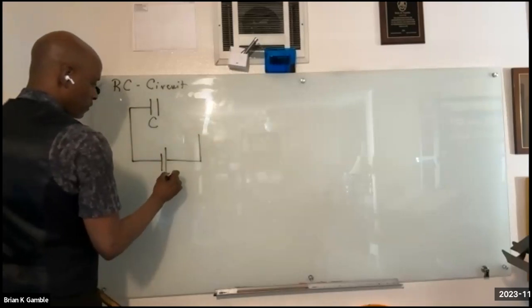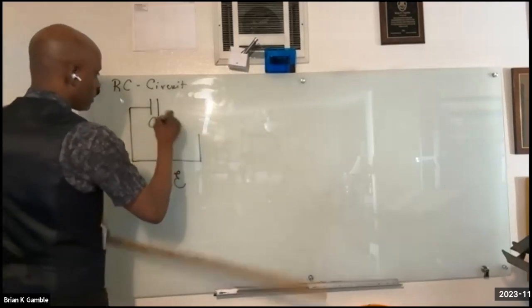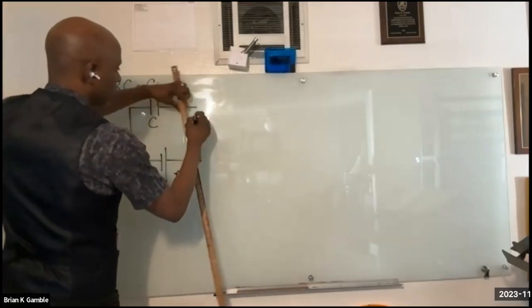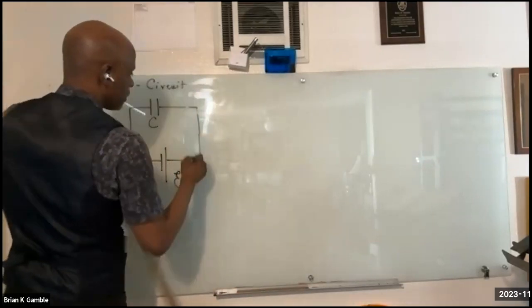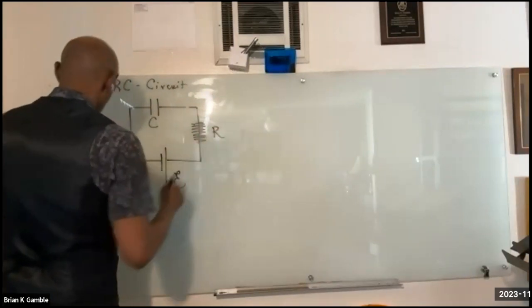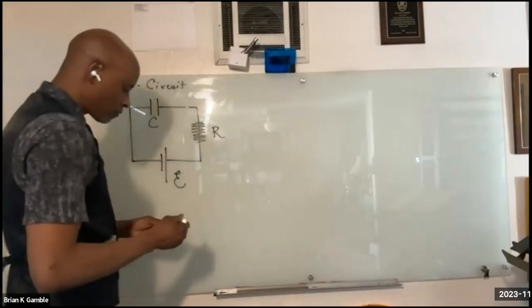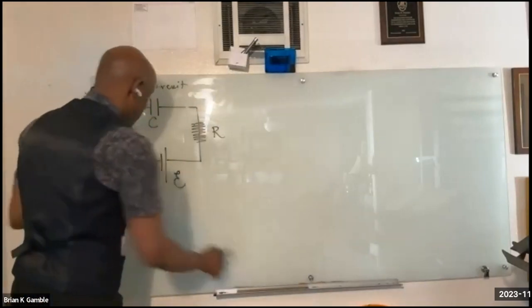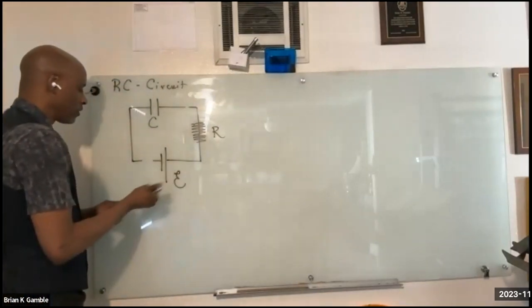Capacitance, the voltage on the battery is here, and a resistor in the battery like that, in the circuit like that. Now we already know that, once I close the switch, let's just remind ourselves what happens with the capacitor.